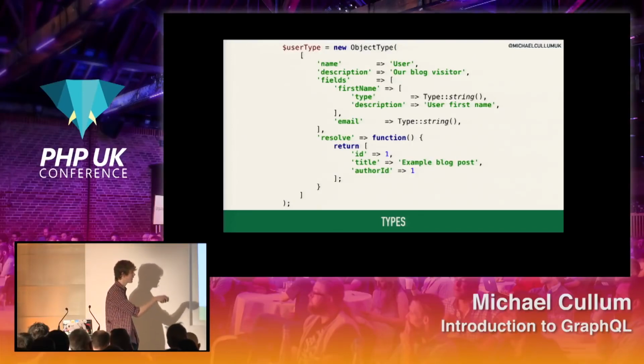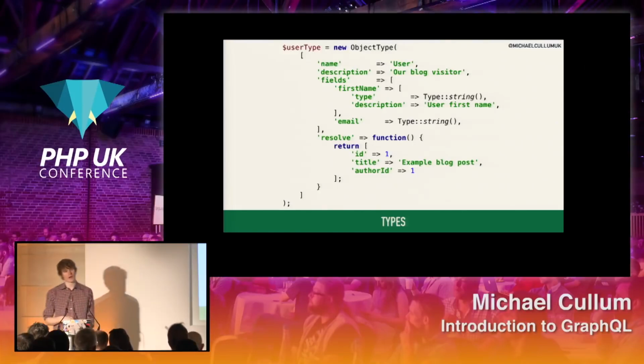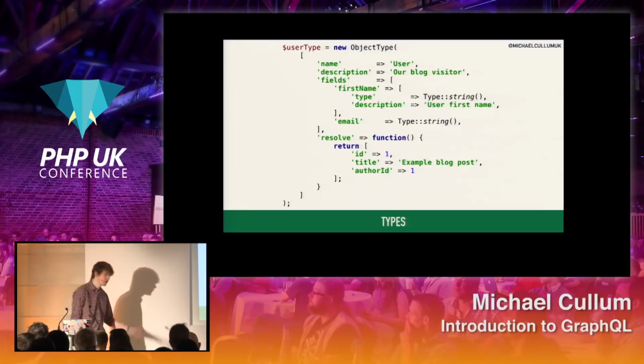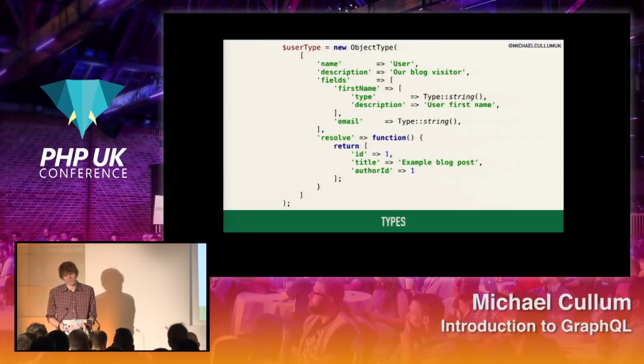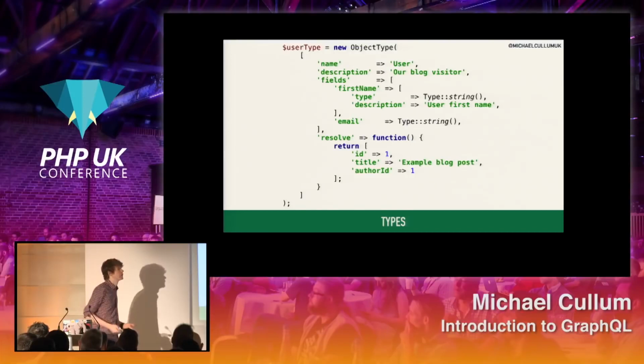And then I've got this function here called resolve. What this allows me to do is, for this very specific type, I can choose what I want it to return to me, and how I want it to get that result. Do I want it to run a query? Do I want it to return some kind of scalar value? Do I want it to look up from a map array? Now this is great on a smaller scale, but you don't want to have to do that for every single one of your entities.